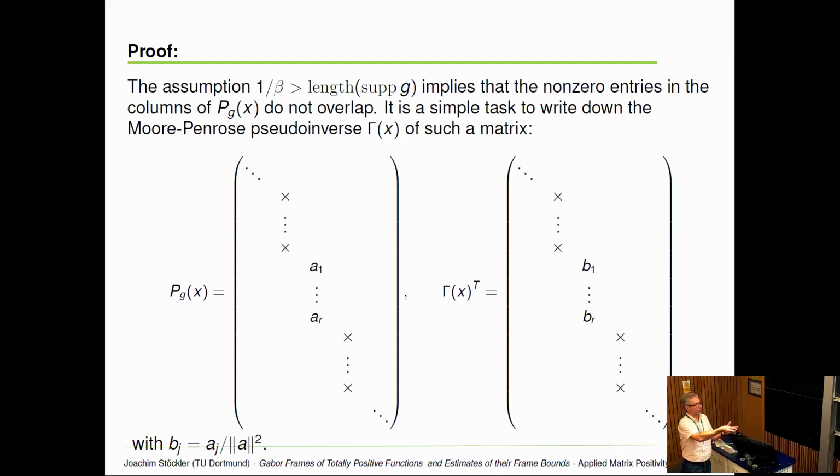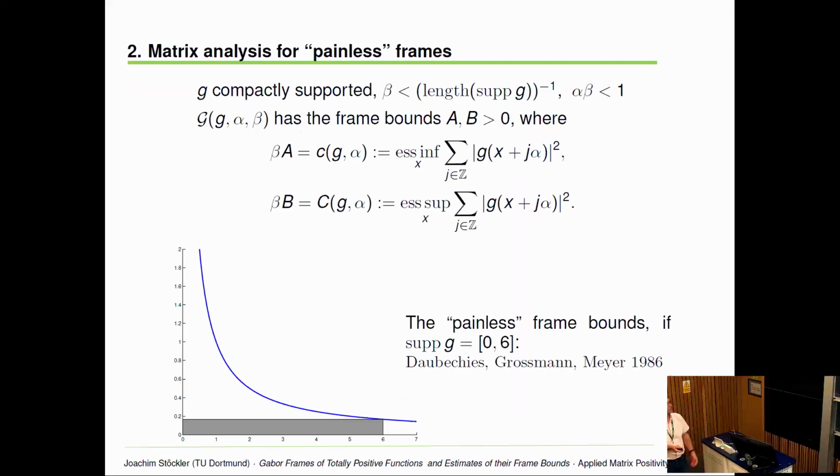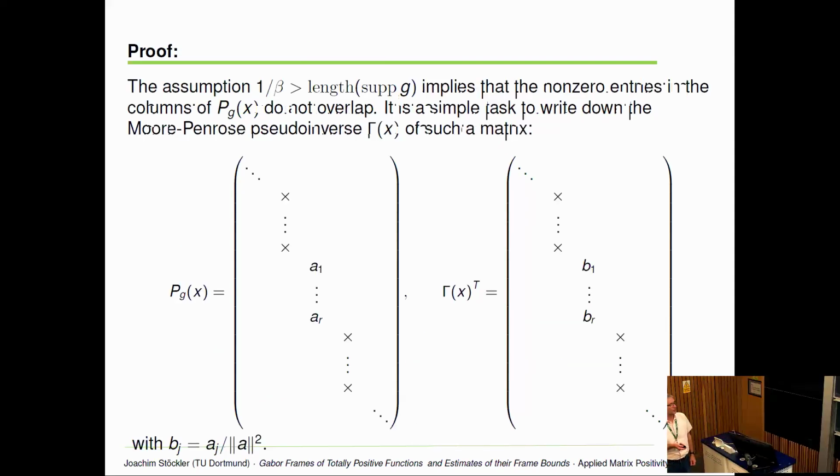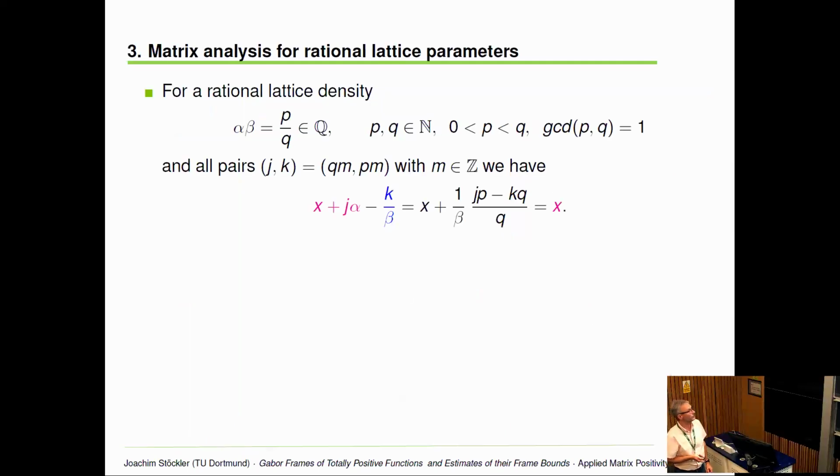So this is the form of the P gamma matrix that you're looking at. This is the type of perspective I'm taking on Gabor frames today. Everything should be explained by the Ron-Shen matrix and its special properties. The painless result really comes down to this very, very small argument about a Moore-Penrose pseudo-inverse.